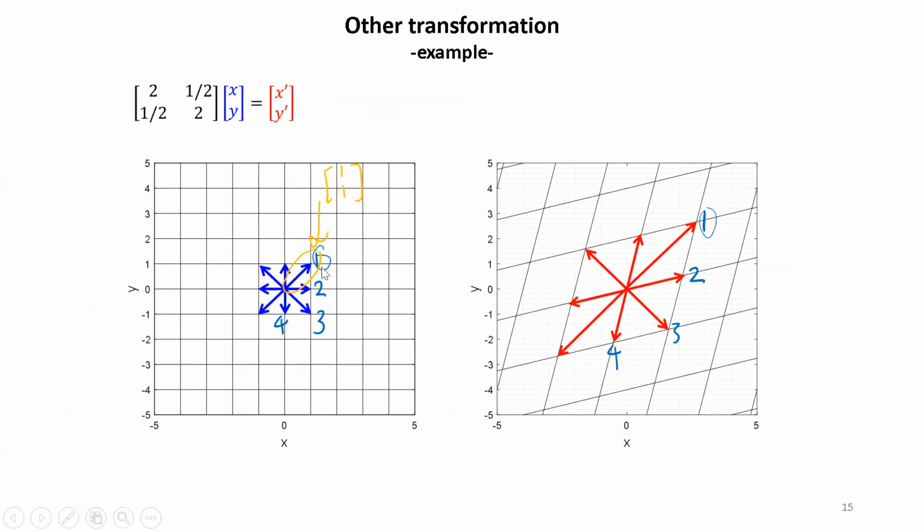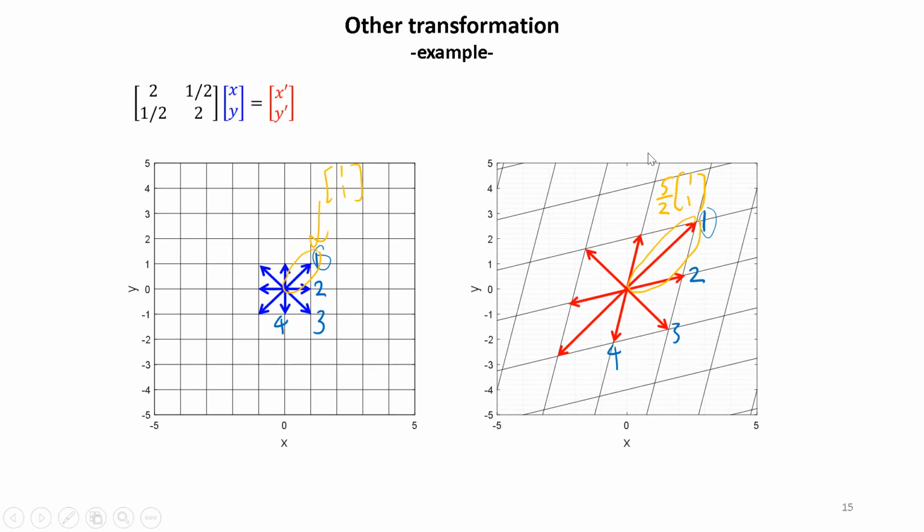As I mentioned before, before transformation, it points in this direction. After transformation, it also points in the same direction. However, after transformation the length becomes longer, multiplied by this factor. This is the eigenvalue.